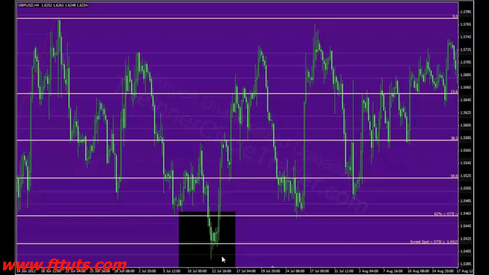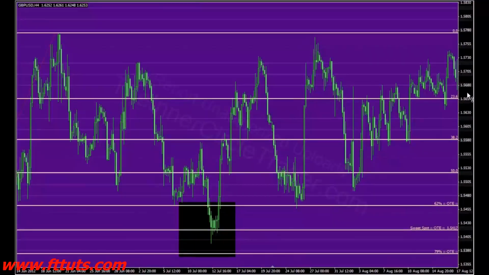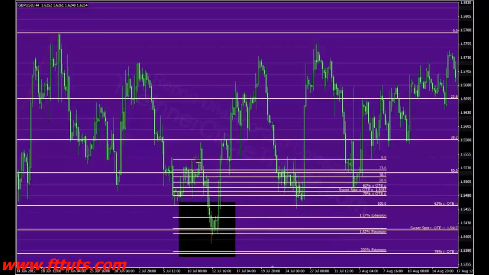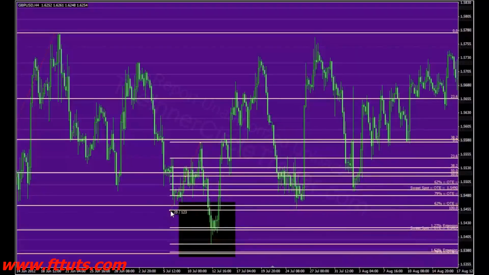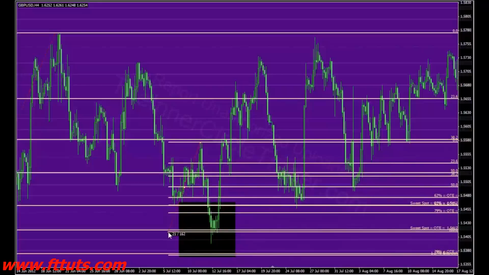If this is the area we're hunting for a possible low to form to get long on that higher time frame daily, to hunt an optimal trade entry long, look what happens if you take that low and you apply one of our trademark patterns, ICT Grail.